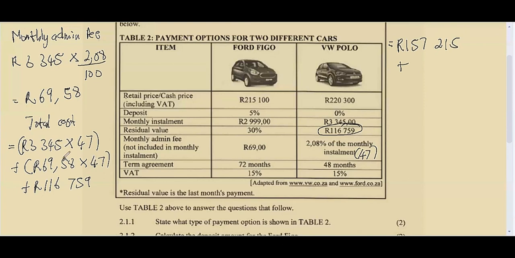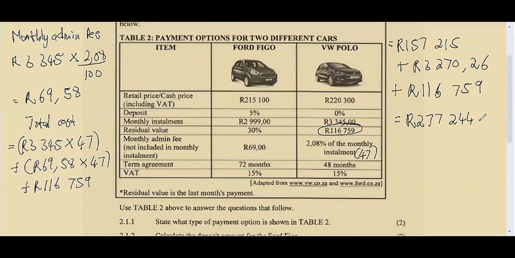And then if we say 69.58 multiplied by 47, we get a value of 3,270.26, and then we obviously have to add the residual value there of 116,759, right? Then when we add all this, we find a total cost of 277,244.26, right? So this is the total cost for the VW Polo in terms of the monthly installment agreement, right?